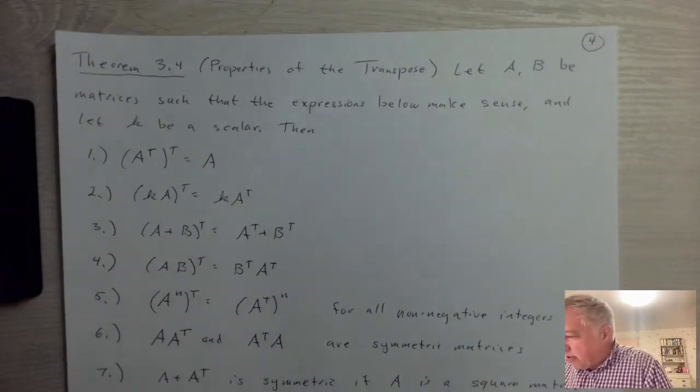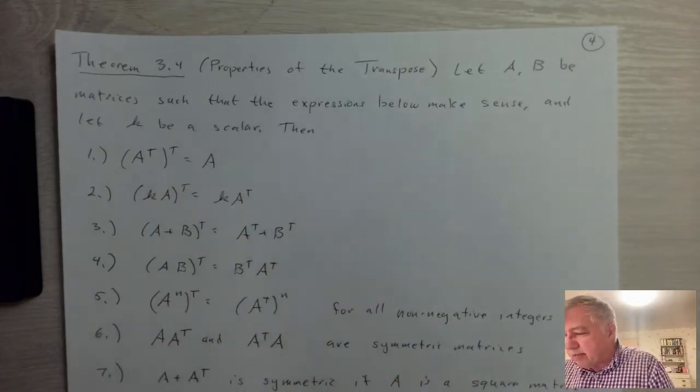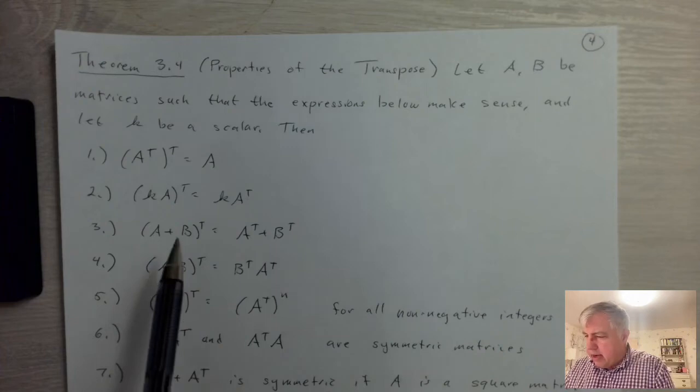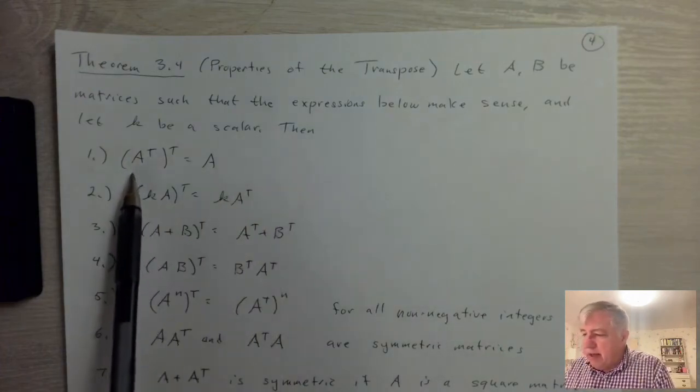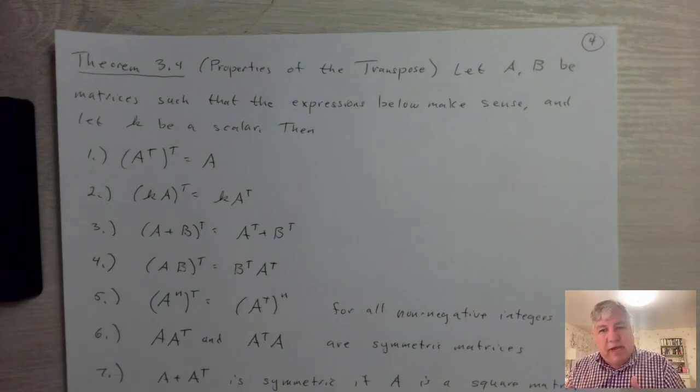Once again, we're assuming that A and B are matrices, so that all these products make sense. And we see that the transpose of the transpose of A is equal to A. That should make sense, because if you interchange the ith row and the ith column and then interchange it back, you get the original matrix.